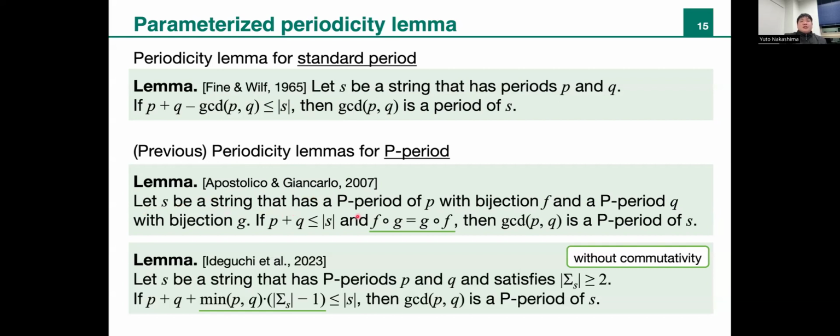Let S be a string that has parameterized period P with bijection F, and another parameterized period Q with bijection Z. If the length of the whole string S is larger than P plus Q, and these bijections satisfy this condition, namely F and Z commute, then the greatest common divisor of P and Q is also a parameterized period of S.